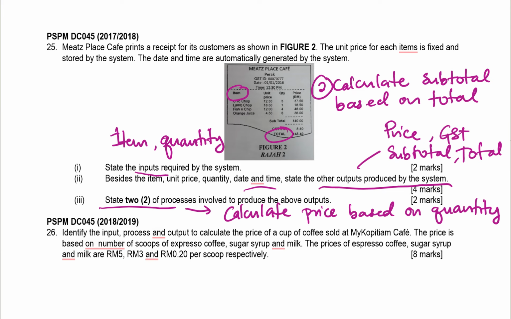Okay, calculate subtotal based on, not based on total, calculate subtotal based on price. So you will get the subtotal based on price. You have to add up all the price. Okay, next.